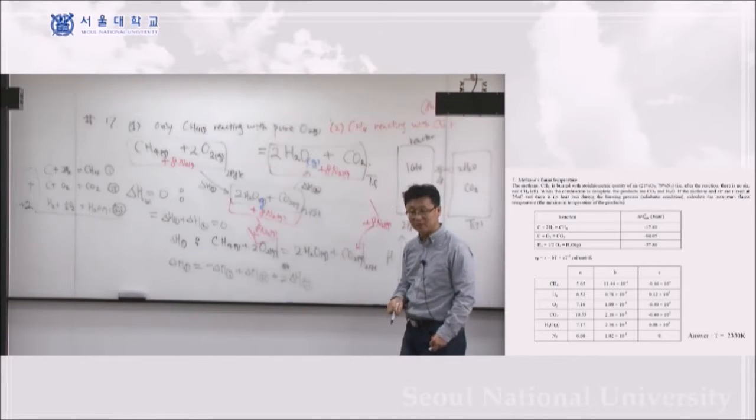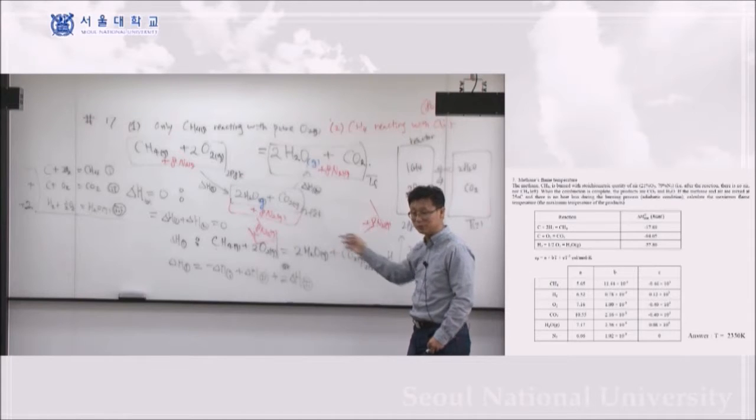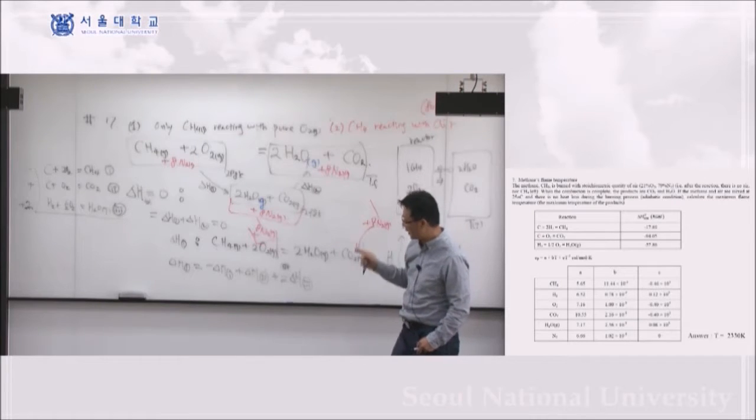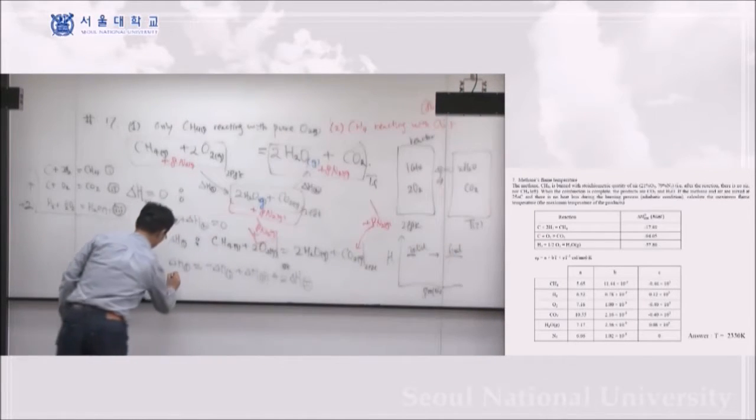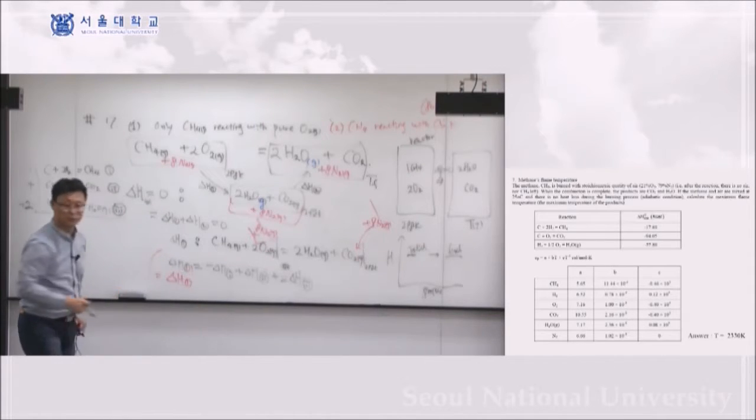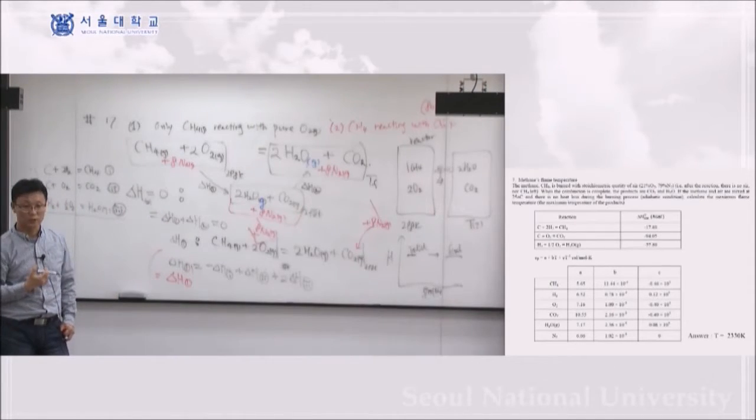This is the same thing, same temperature, same material. There's no chemical reaction between this one and this one. So this can just be eliminated in this consideration. So delta H1 is the same as the previous delta H1. Do you get it? No problem?